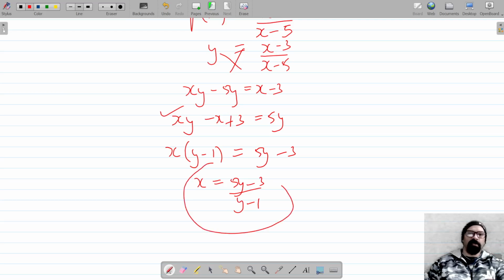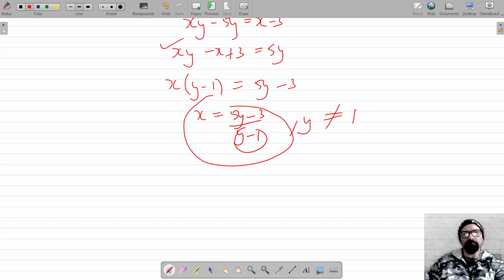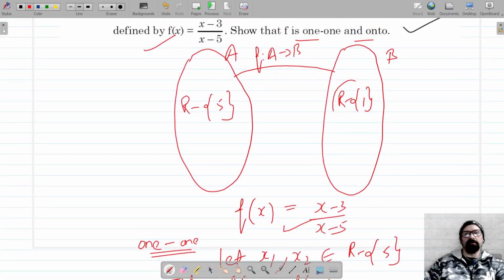Now this value is defined for every value of y except 1, because if we put y equal to 1, the denominator becomes 0 and x becomes undefined. So y cannot be 1, which is already given.